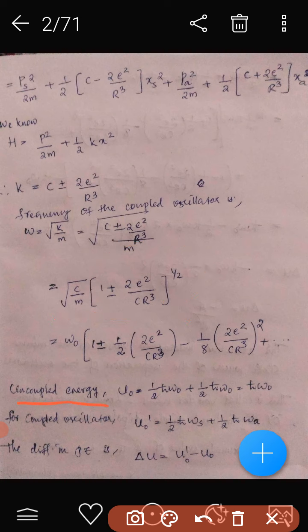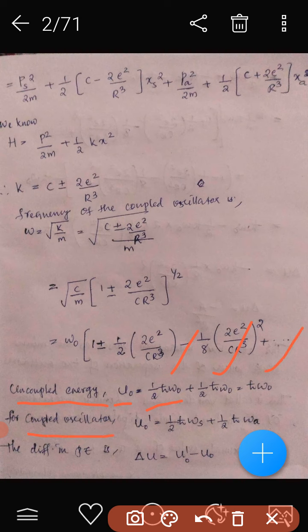Then our uncoupled energy can be represented as U0. So U0 is half h cross omega 0 for the first oscillator, and half h cross omega 0 for the second oscillator. So the uncoupled energy is h cross omega 0.